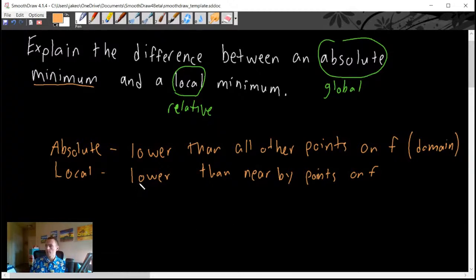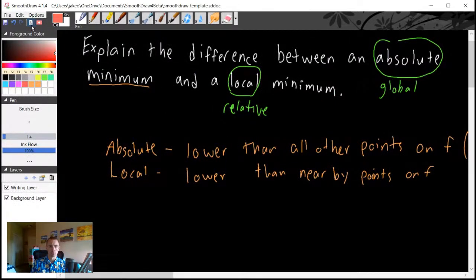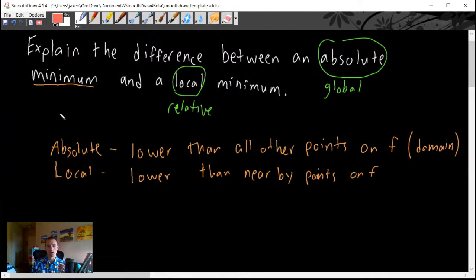Okay, so let's think about what the difference between these two things is from an actual mathematical perspective, essentially looking at the definition of an absolute minimum versus a local minimum. With an absolute minimum, we have some number within a given domain of our function.